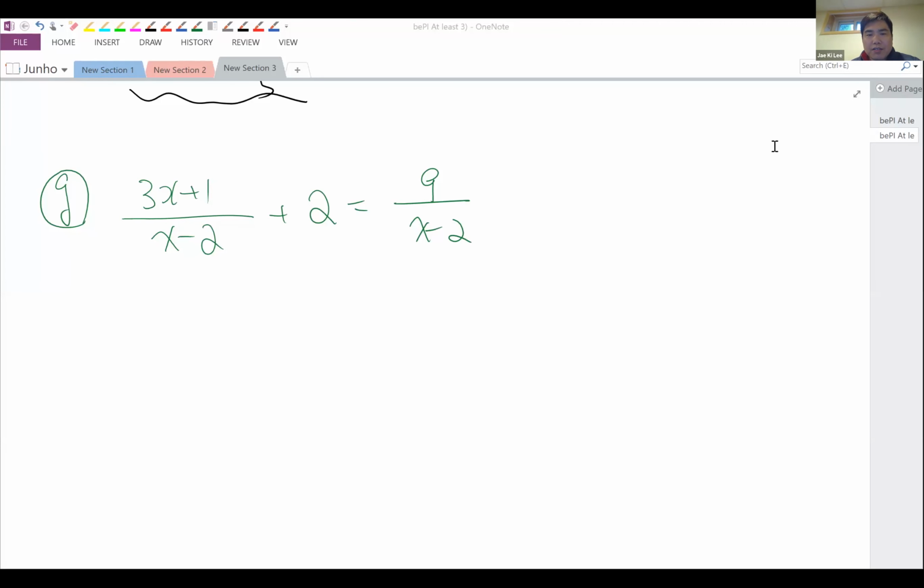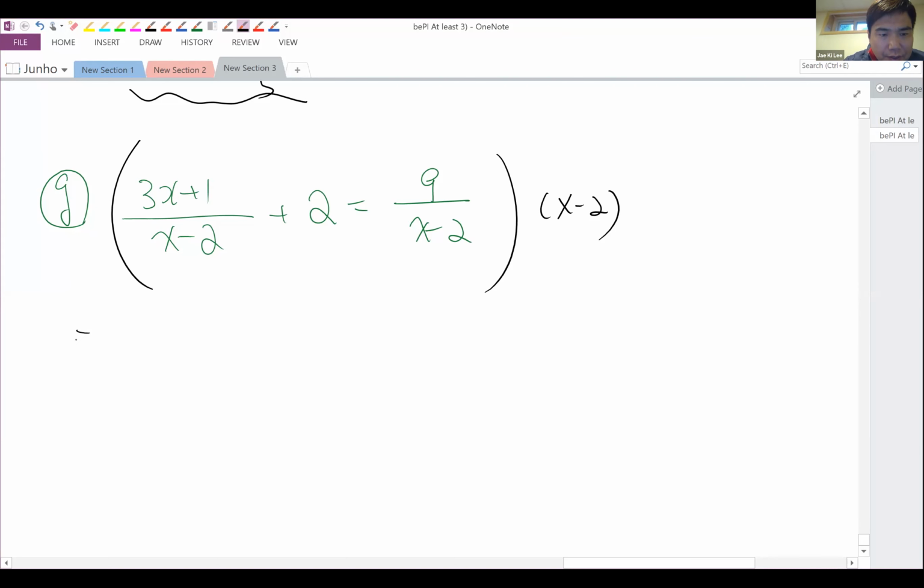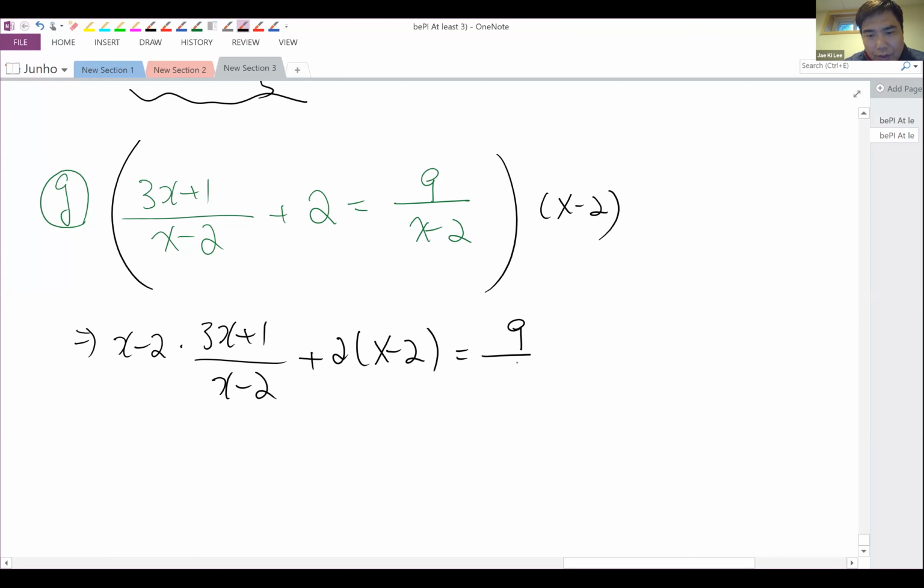So did you find the LCD for this problem? x minus 2, right? So we multiply everything here by x minus 2. Then this becomes x minus 2 times 3x plus 1 over x minus 2, plus 2 times x minus 2, equals 9 over x minus 2 times x minus 2, right?